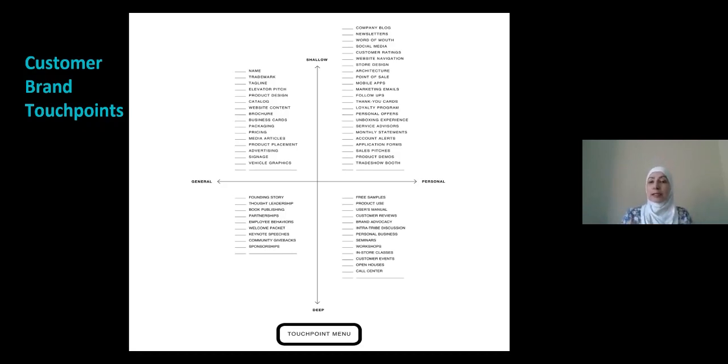And in here you can see that social media is at the top. It's quite personal, yet it's shallow. It's very good for awareness. Newsletters, online newsletters, word of mouth are excellent for awareness. It can give some credibility, but it needs to go in depth to become personal and deep.